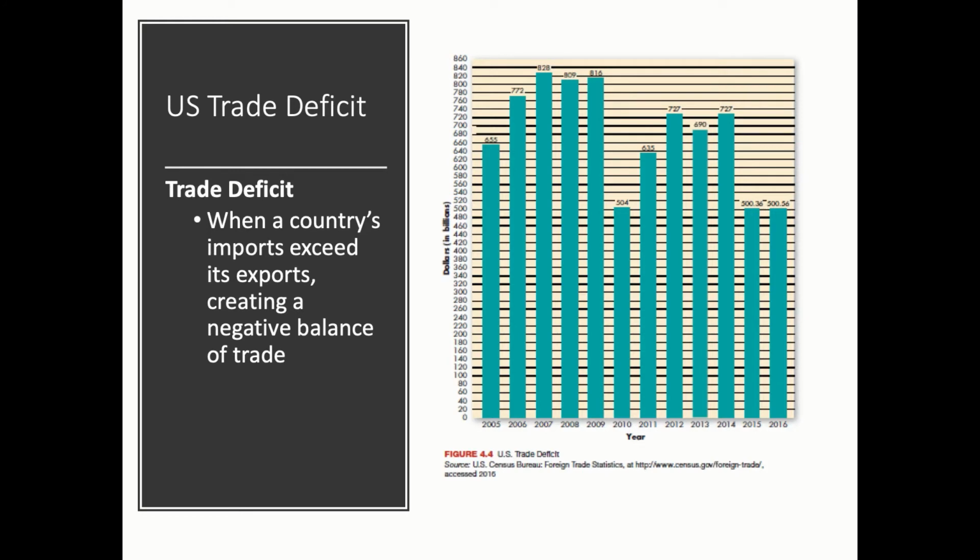It's either a trade surplus or trade deficit. And a trade deficit is when a country's imports exceed its exports, creating what we call a negative balance of trade, which of course implies that if a country's exports exceed the imports, we would call it a positive balance of trade.